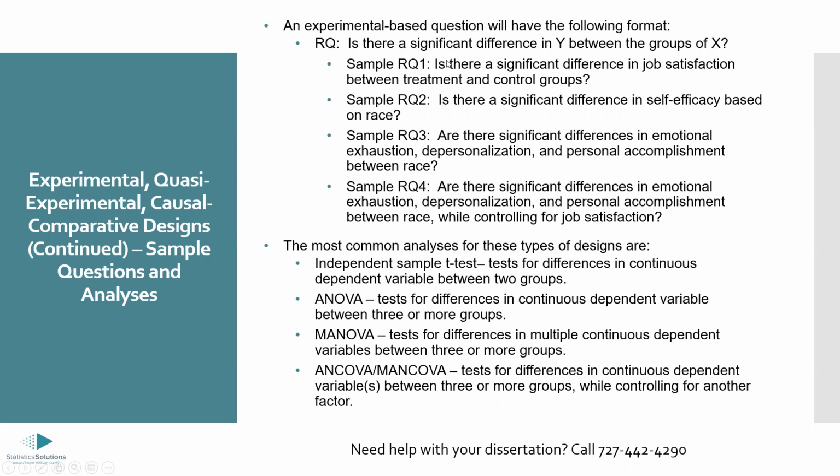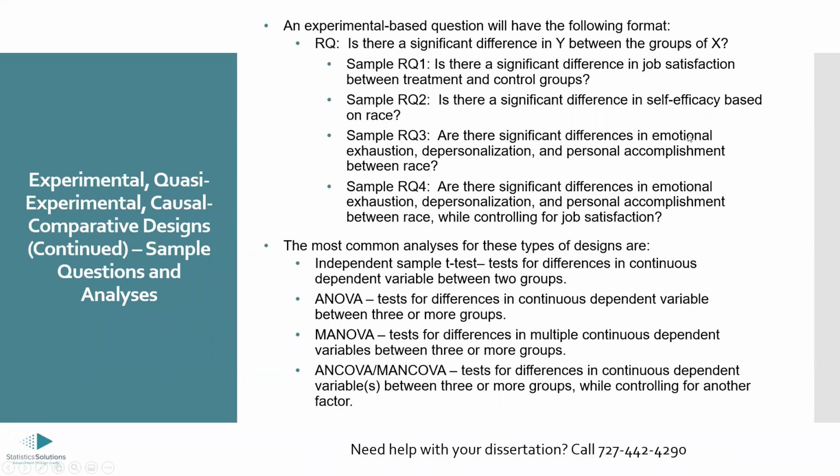Now for sample question 1, we have a continuous dependent variable, and we have 2 groups. That's when you run an independent sample t-test. For an ANOVA, you need to have at least 3 groups to compare. So it's similar to a t-test, but you have at least 3 groups as opposed to 2. So if race was your independent variable or education, that would be a situation to use an ANOVA.